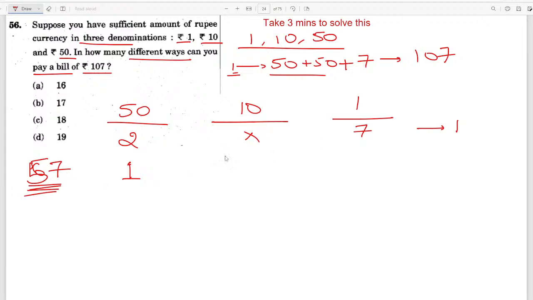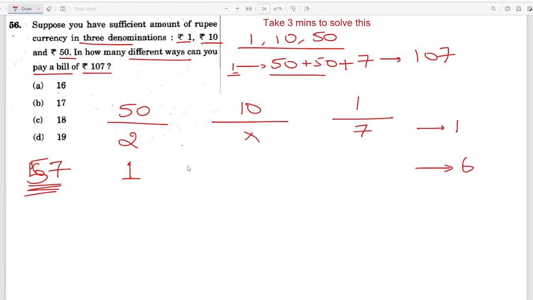So now you can use 5 10 rupee coins, or you can use 0 10 rupee coins. I'm calculating now the number of ways. So there are 6 different ways. If you use 1 50 rupee note, there will be 6 different ways to pay the bill.